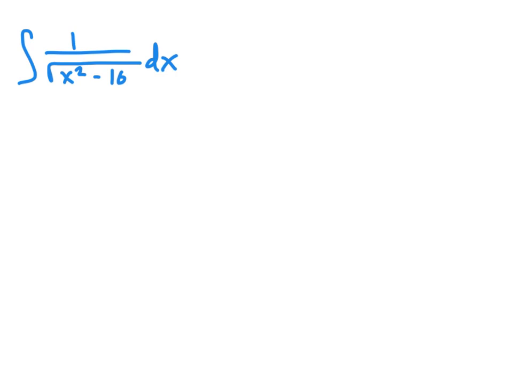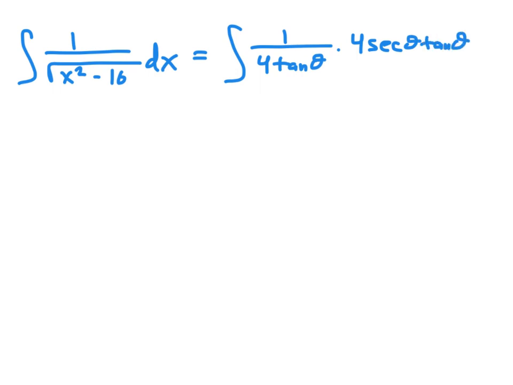So we start with our original integral of 1 over square root of x squared minus 16 dx. And we substitute in 4 tangent theta for the square root expression in the denominator. And also we substitute in 4 secant theta tangent theta d theta for dx.